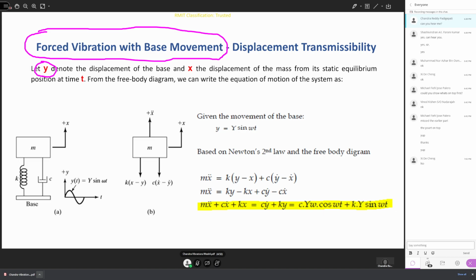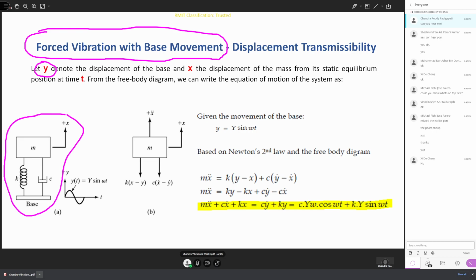You can consider the system as a mass, spring, and damper system connected to a base: a mass, a stiffness constant, and a damping constant, a damper and a spring with a mass connected to a base.